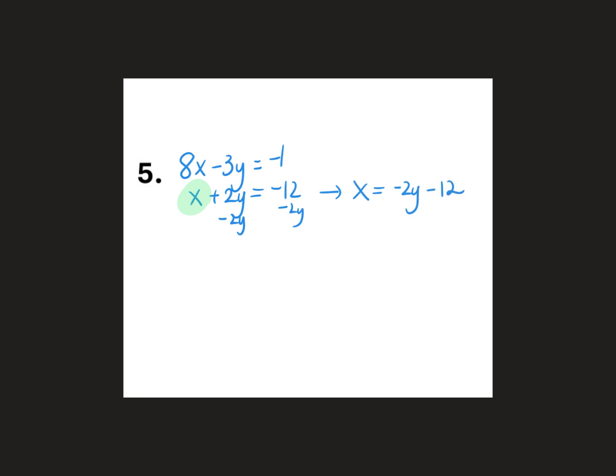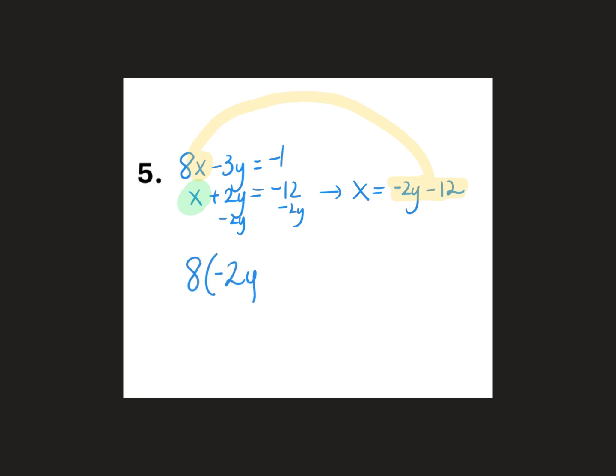Then what you do is you substitute this expression into the other equation, and I would strongly suggest using a highlighter here on your notes. If you need to borrow one, you're welcome to borrow one. So I'm going to rewrite this top equation as 8 instead of x.